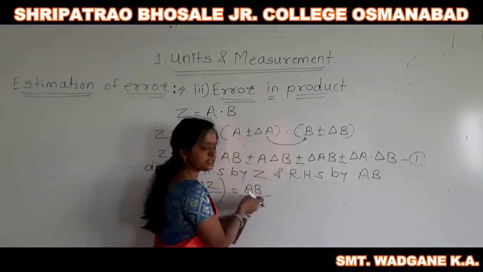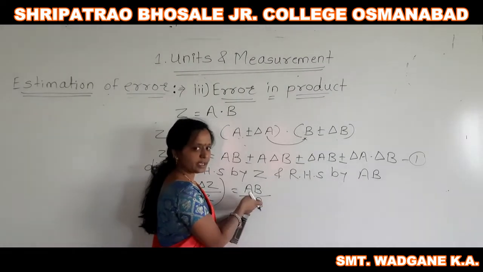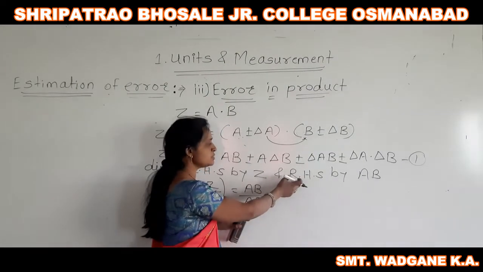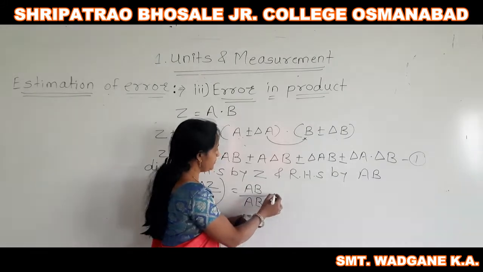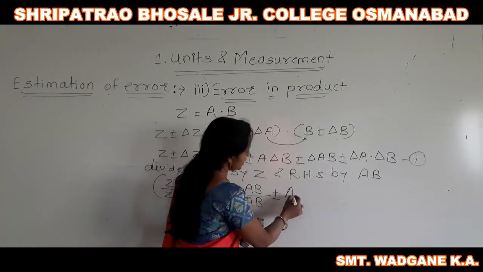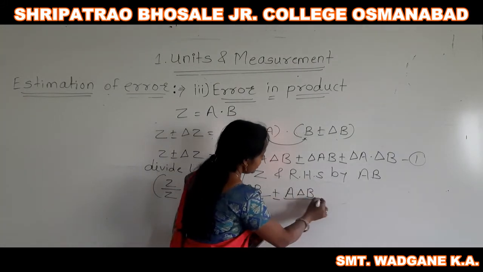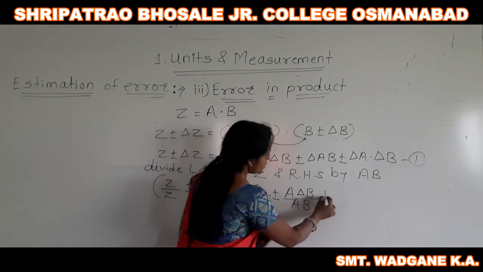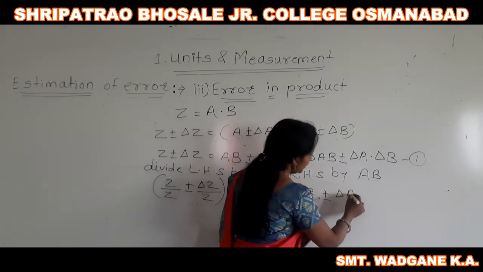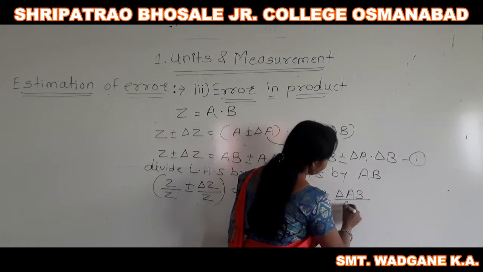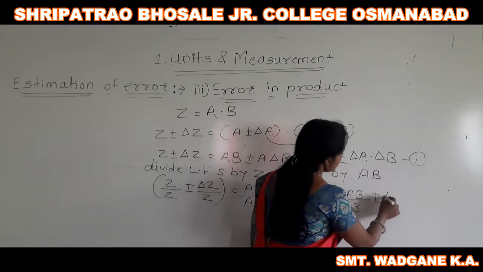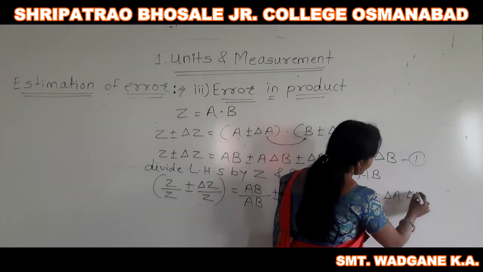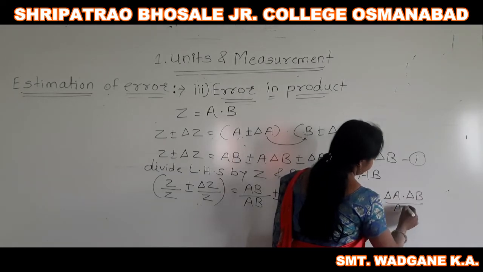If we divide by Z, then Z's value is AB. Therefore we can write RHS by dividing by AB: plus or minus A delta B divided by AB, plus or minus delta A B divided by AB, plus or minus delta A dot delta B divided by AB.